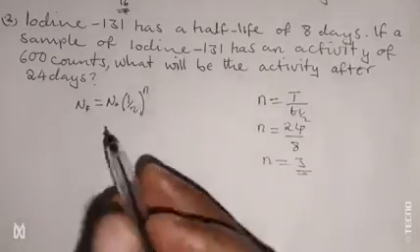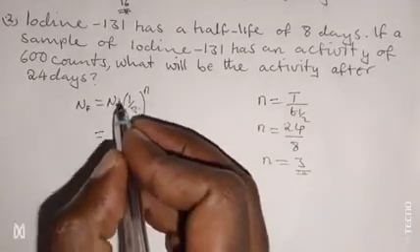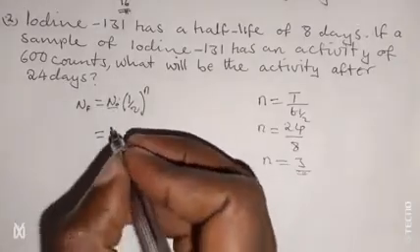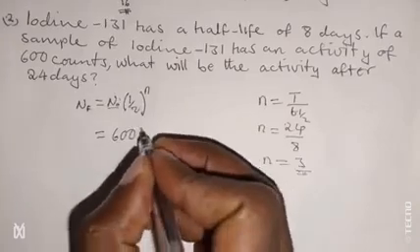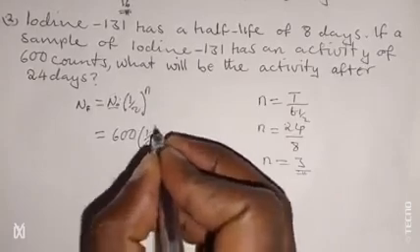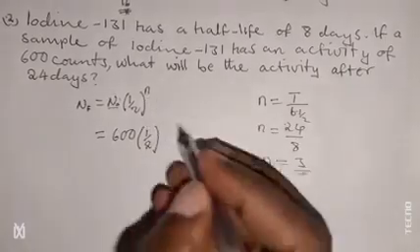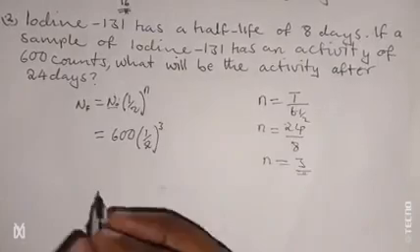So where there is N initial, replace by 600, then open bracket, half, to the power n, and n you replace by 3. So this is what we have.